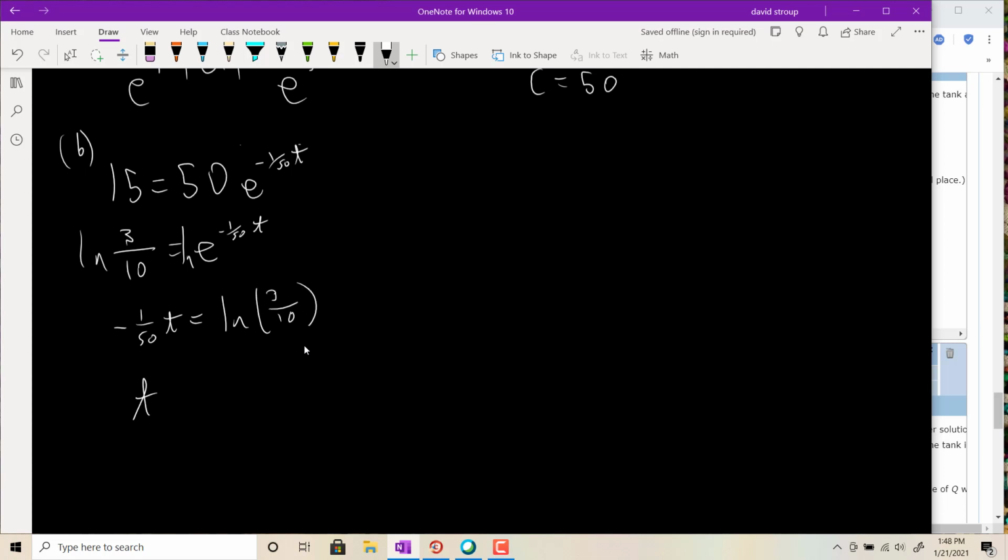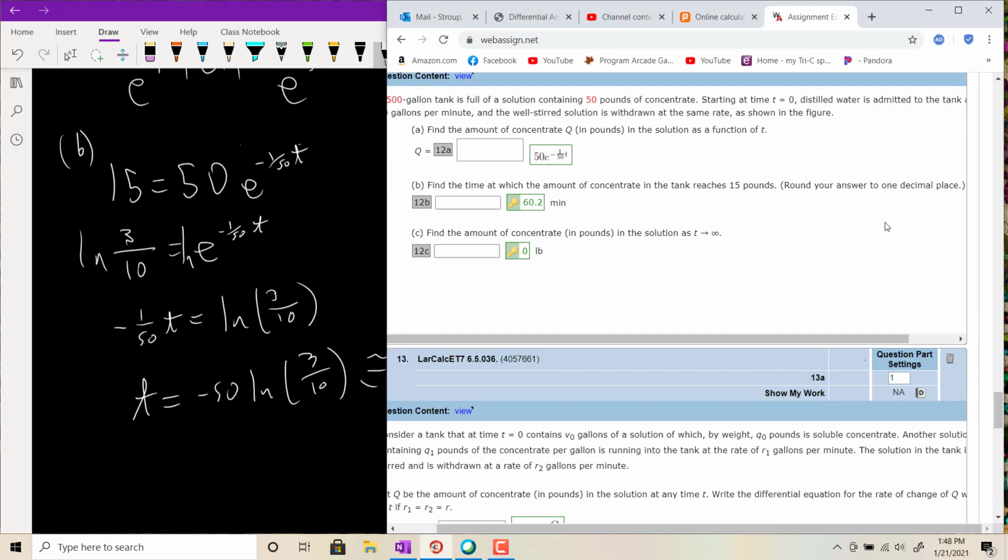Then multiply both sides by negative 50, and you get an approximation for that: 50 times ln of 3 over 10. And I'm getting about 41.53 minutes or seconds or something.